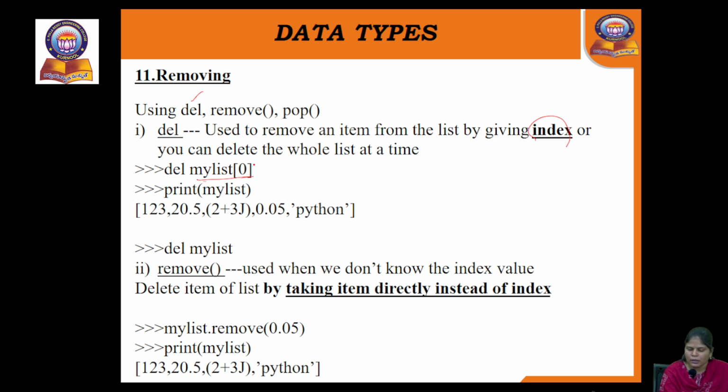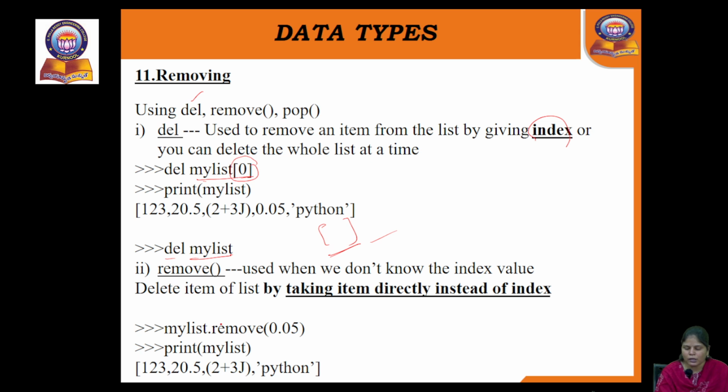Now from the list, the 0th index element will be removed. If you want to remove the total elements of a list, you can just mention del mylist. The elements will be cleared, and it will exist only as an empty list without any elements within it. So this is regarding del.